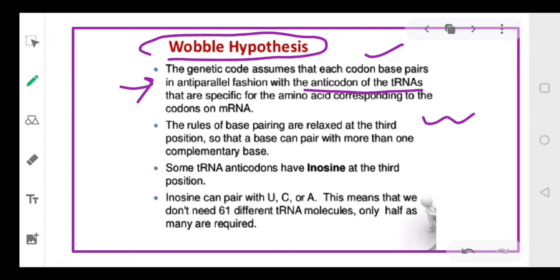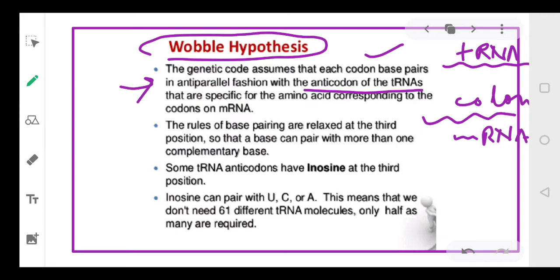See, if this is your mRNA, on mRNA you will have the codons, right? Then this will be your tRNA. This is your tRNA, right? So I hope you remember that codon is present on our mRNA, and you will have anticodons here, right?